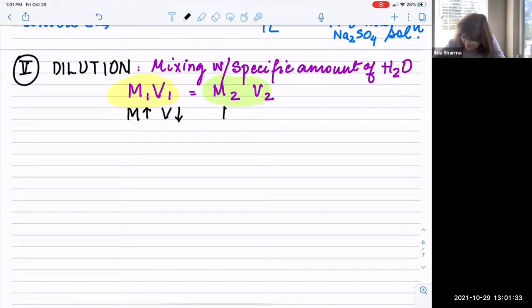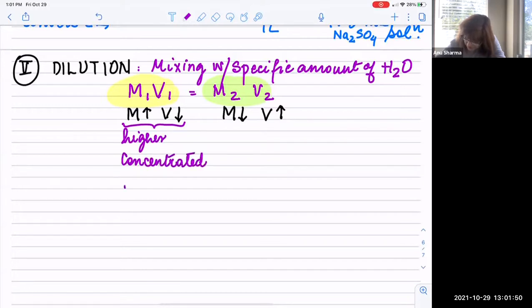In this case, the molarity is low, but the volume is high. So this side is a higher concentrated solution, and this side is a lower concentrated solution.